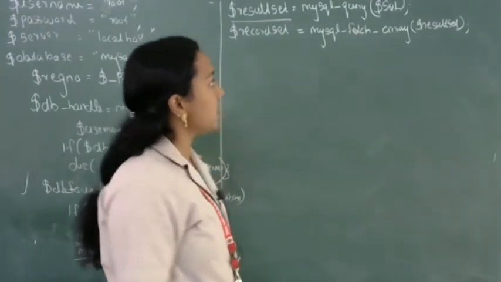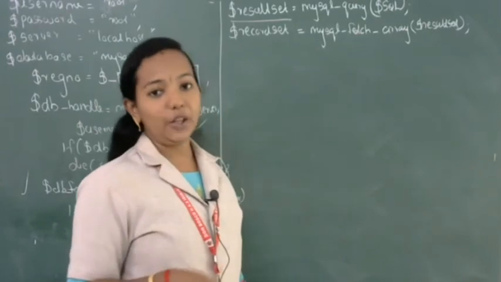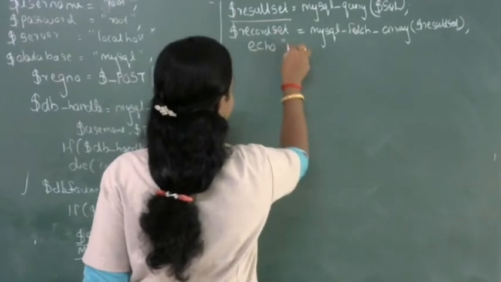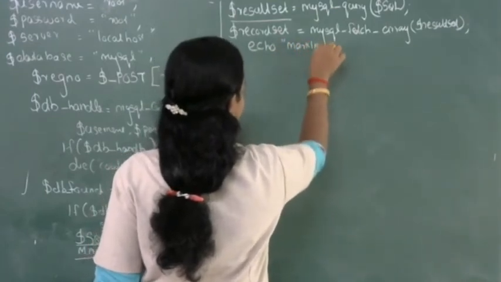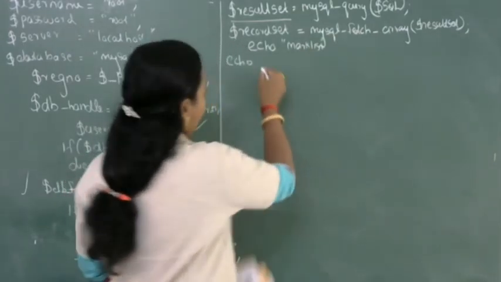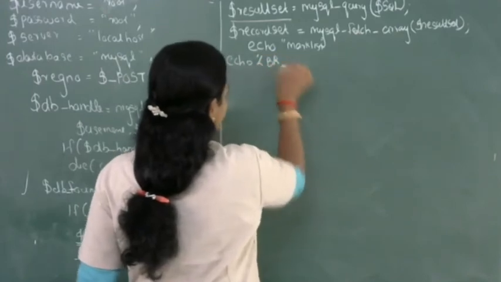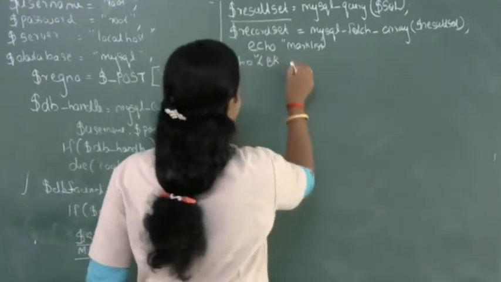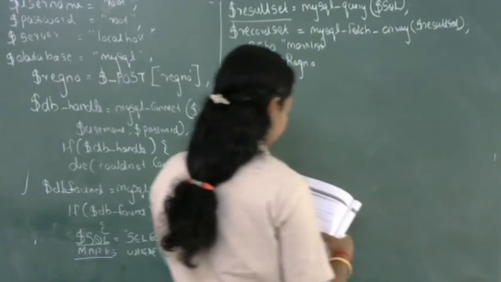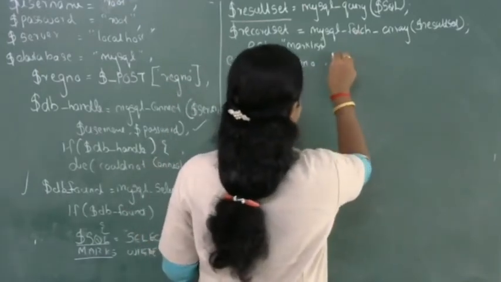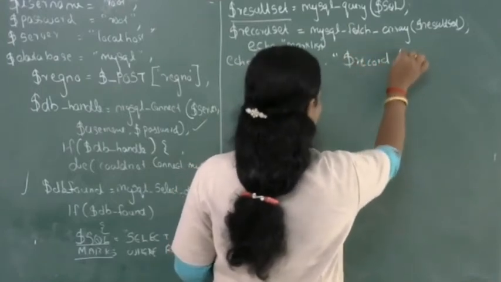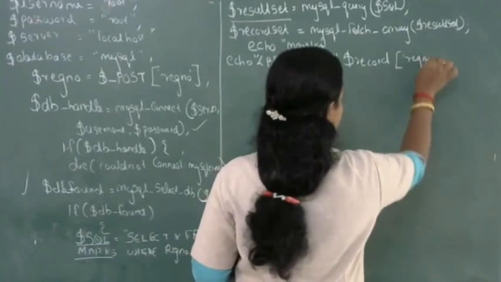Then the next step will be how we are displaying the value on the screen. So next one will be the echo statement. Echo mark list. Then echo BR. Echo BR, register number dot equal to $record of register number.